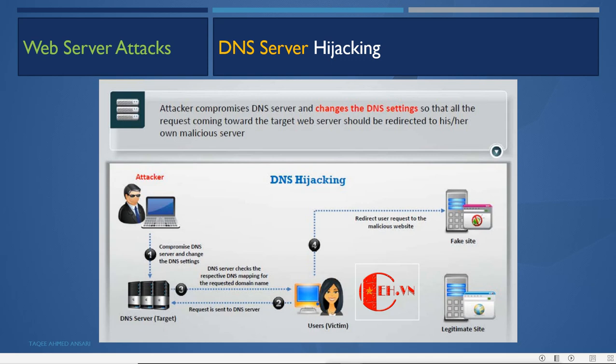The user sends a request to the DNS server for the site, but in response the DNS server sends the fake site. So this compromised DNS server sends a site address which is not legitimate, which is a fake site, and the user will be redirected to the fake site.